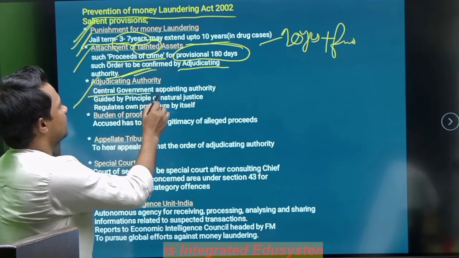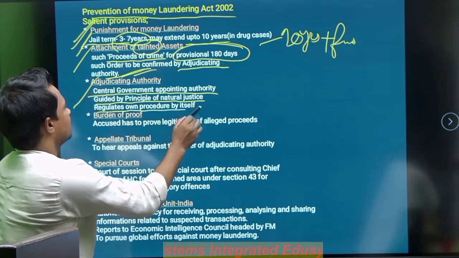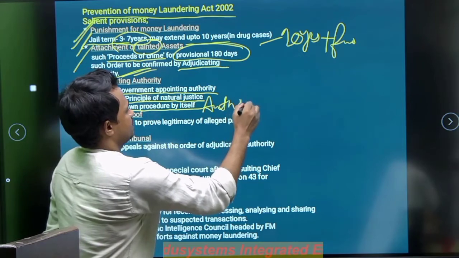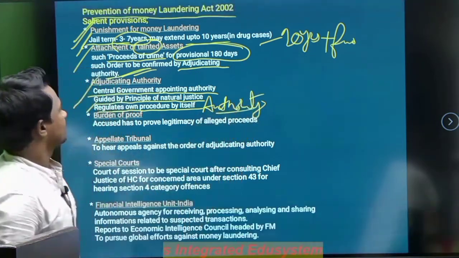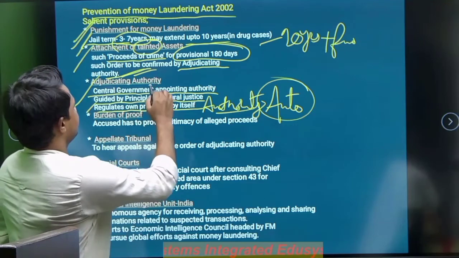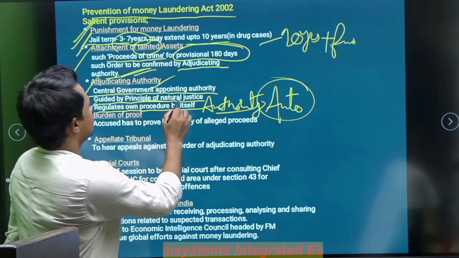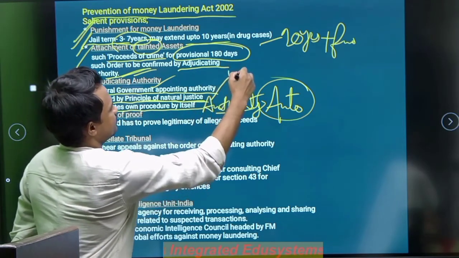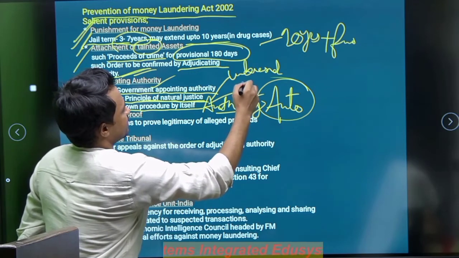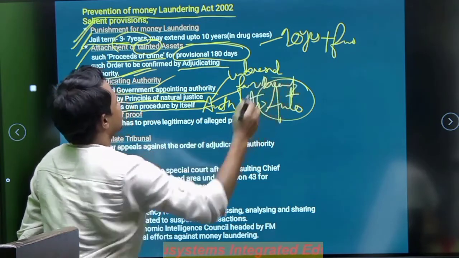It is an authority appointed by the central government, like the finance ministry, guided by the principles of natural justice, and it will be autonomous, regulating independently. The principles of natural justice are unbiasedness, then thereafter the fair hearing.